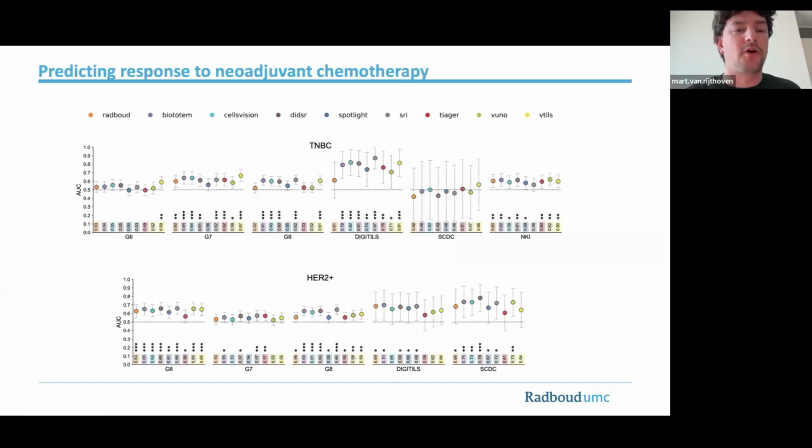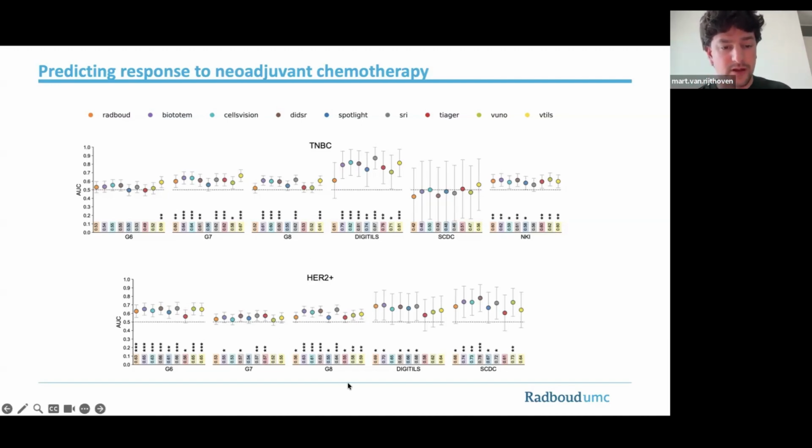And here are the results for PCR. So we calculated the area under the curve. And for all methods, we see actually that for TNBC, they are doing pretty well. We also have the V-TILs, so the visual TILs from the pathologist. And as we see that the algorithms are actually really close to the values of the V-TILs, so indicating that for TNBC, these TILs methods actually perform similar as the pathologist.